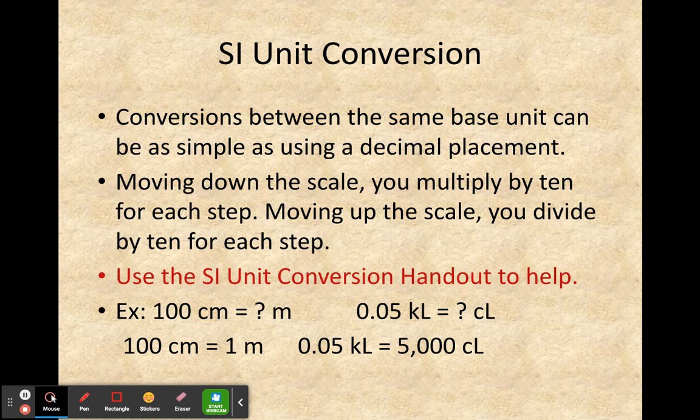What's the letter for centi? The lowercase c, right? So if you start at c, you go back how many spaces to get to meters? 2. So if our decimal point was here, we would go back 1, 2, which equals how many meters? 1. Okay?